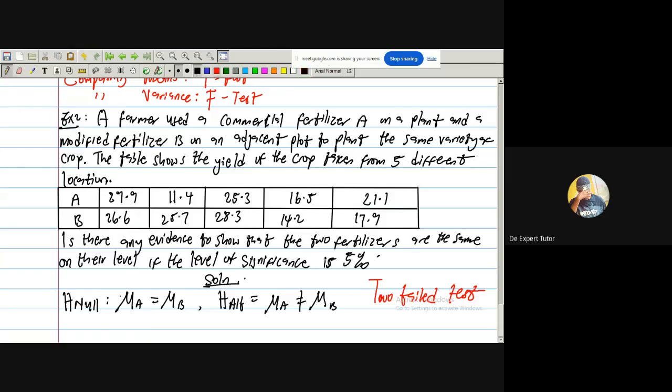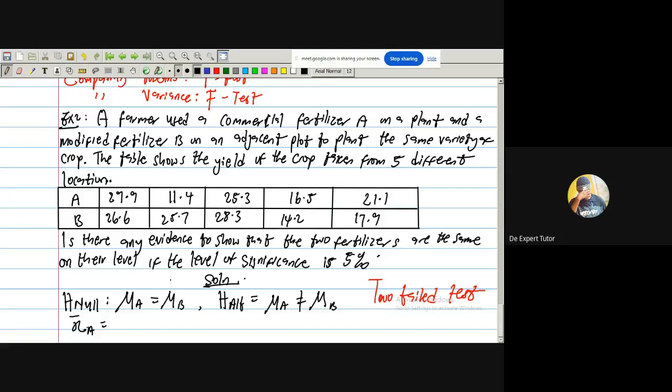Now, that's for that. Next, check it out. We have this already. So what is the mean of plant A? If we find the mean, you already know how to find mean now, right? Yes. So what's our mean?